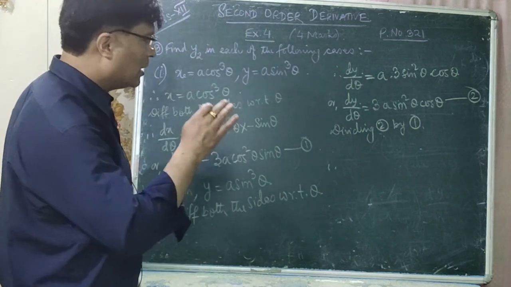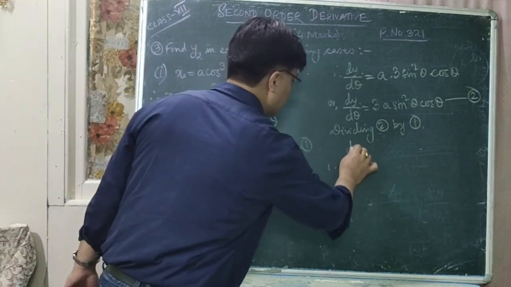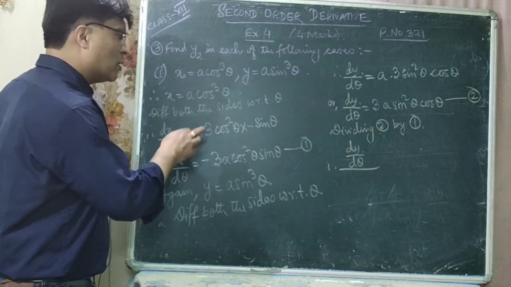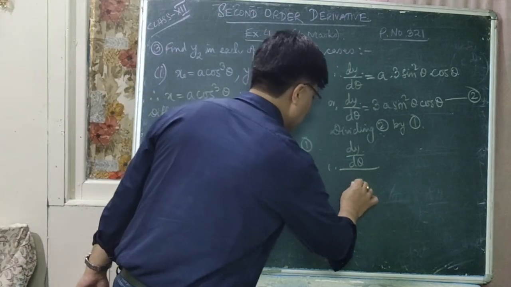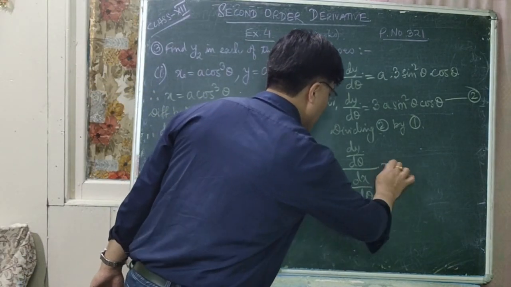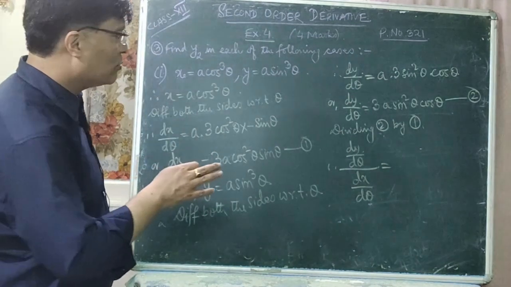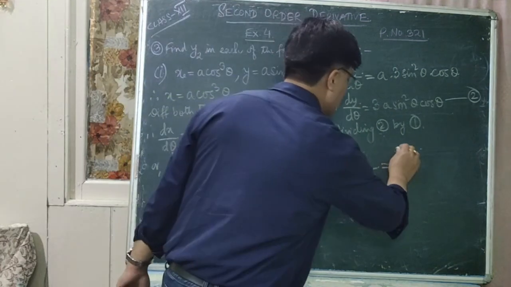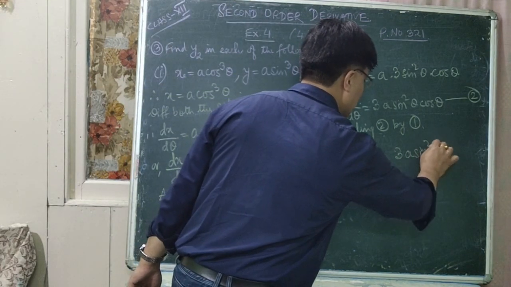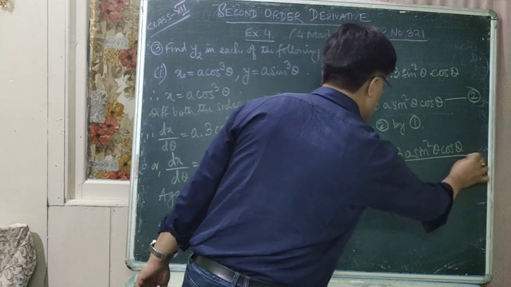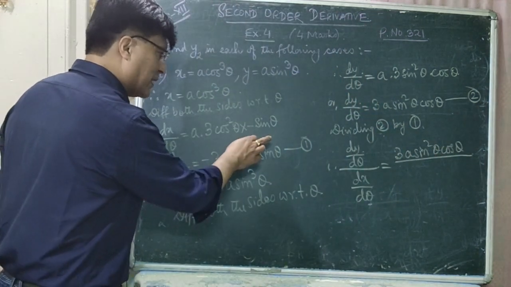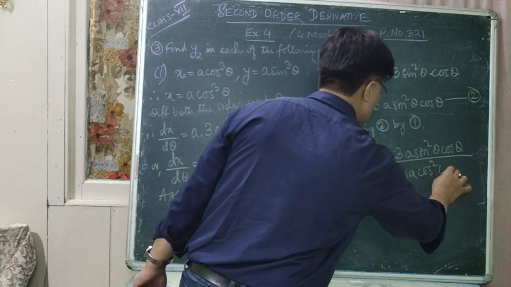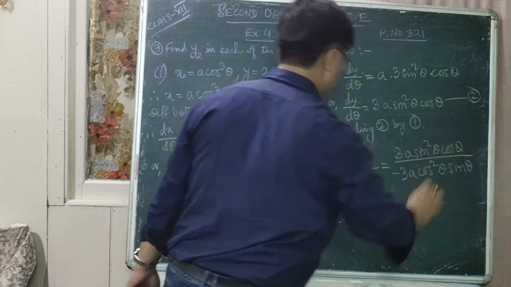Now write down left hand side of number 2 in the numerator, dy by d theta divided by, now write down left hand side of number 1 in the denominator, that is your dx by d theta, which is equal to, on the right hand side write down right hand side of number 2 in the numerator, that is 3a sin square theta cos theta divided by, write down right hand side of number 1 in the denominator, that is minus 3a cos square theta sin theta.